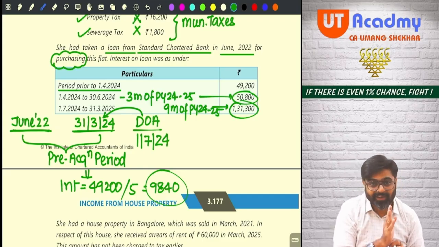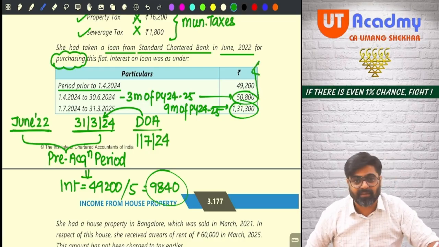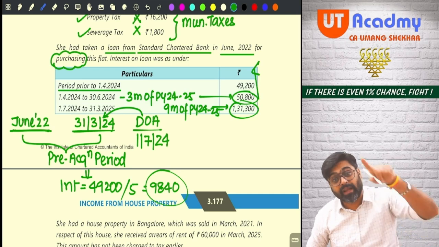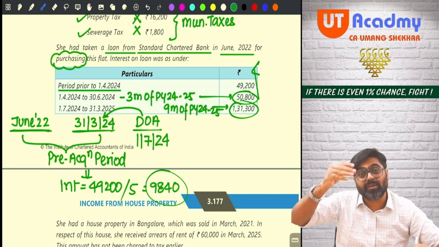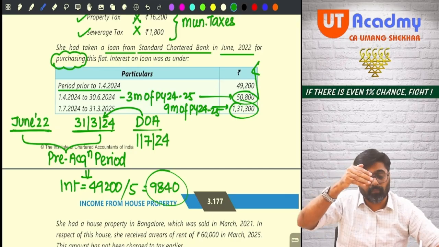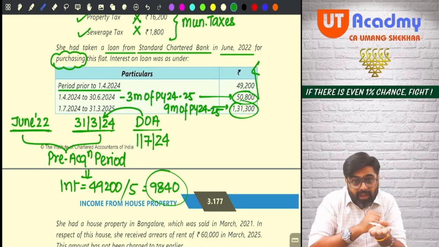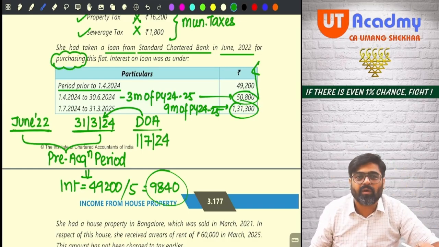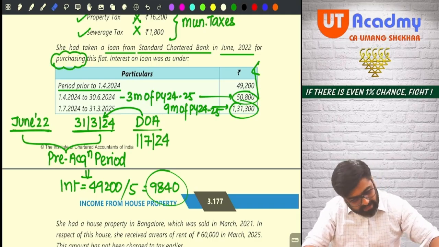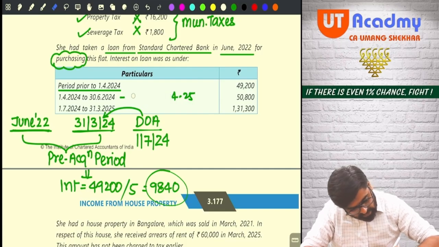And if I do it, what am I doing? I'm taking these 3 months as a part of pre-construction interest. Then it will be claimed for the second time as a part of pre-construction interest, which is not allowed, because that is going to get claimed in the previous year 24-25 itself. So why are you making it a part of your pre-construction period? Getting my point?